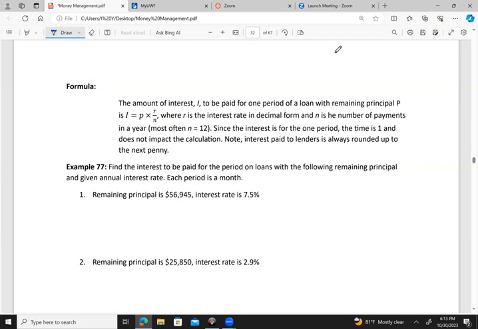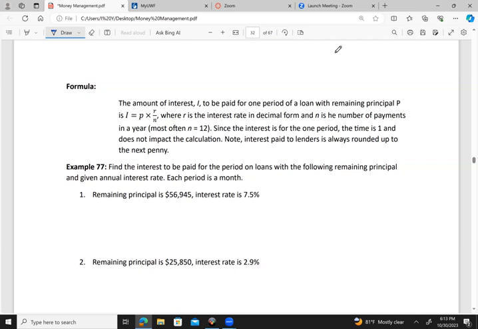Find the interest to be paid for the period on loans with the following remaining principal and given annual interest rate. So we have a remaining principal of $56,945 with an interest rate of 7.5%.